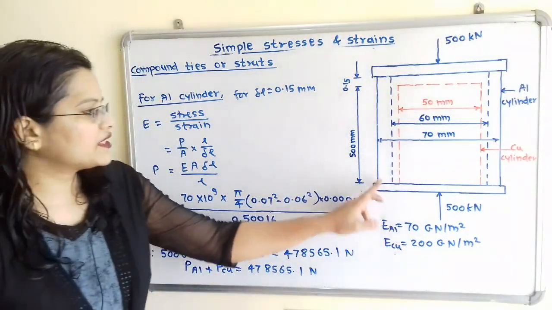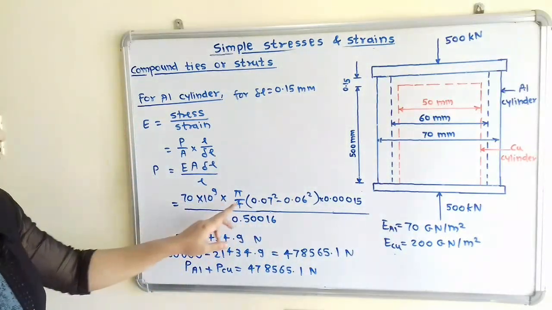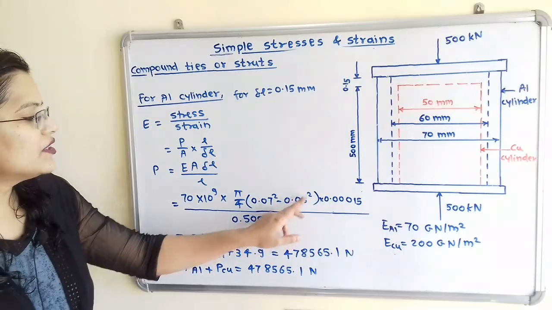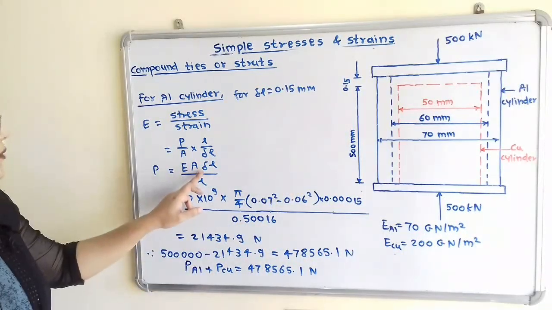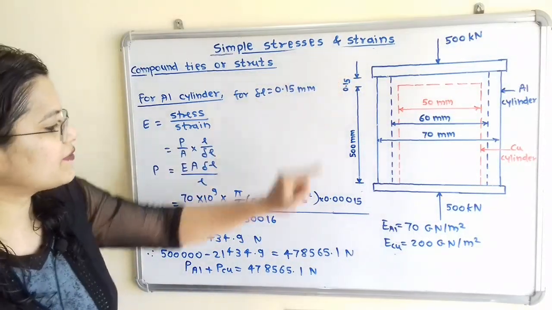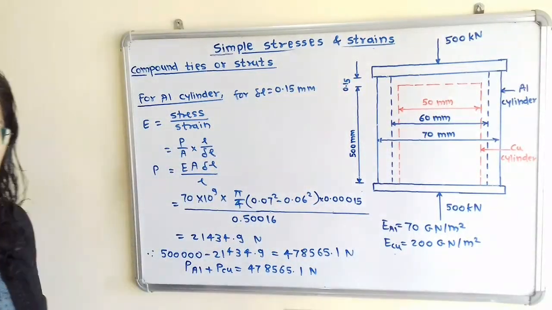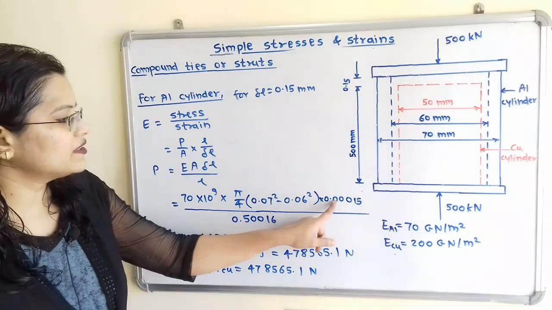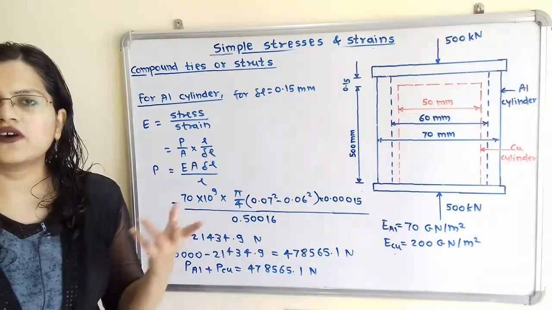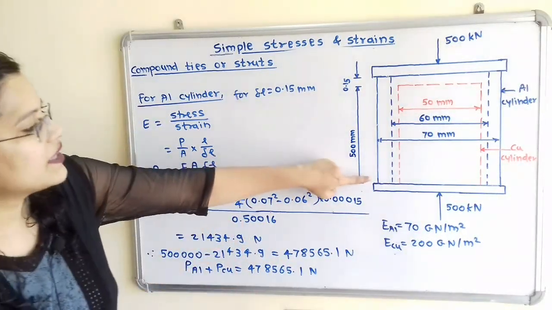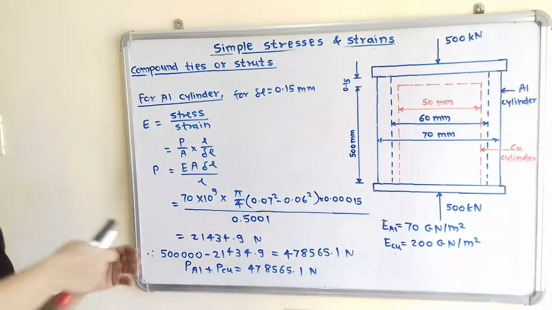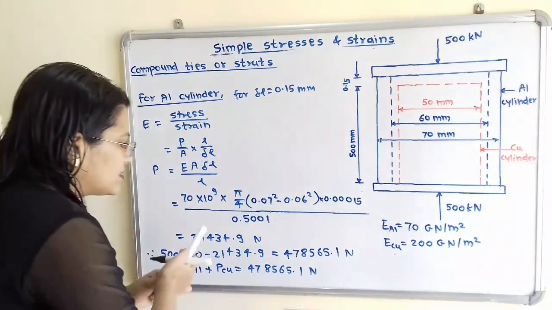So the area is equal to pi by 4 inside the bracket 0.07 square minus 0.06 square, multiplied by delta L. The elongation delta L is given, and we have to take the standard unit of meter, so 0.00015, divided by the original length. What is the original length of the aluminum cylinder? That is 500 plus 0.15, so here we take 0.515.